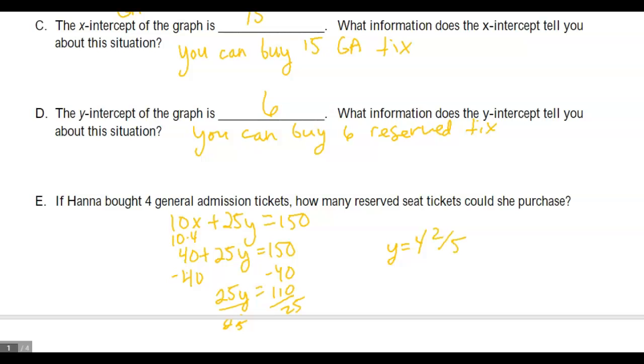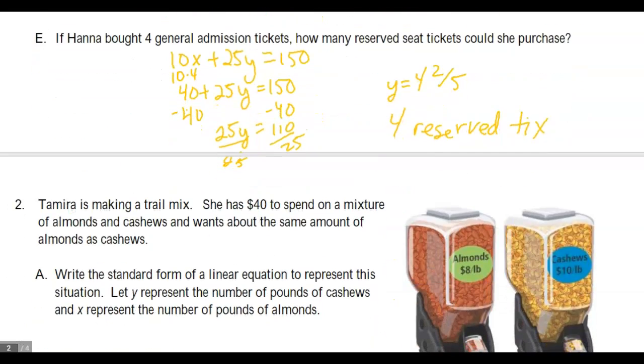If you did that on your calculator, you get 4.4. So how many can you buy? You can't buy part of a ticket, so you could buy 4 reserved tickets. Couldn't buy 5, can't buy 4.4 of them.